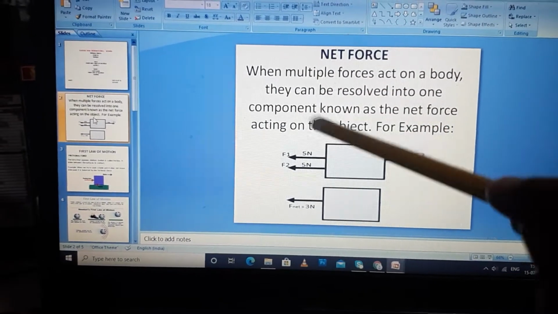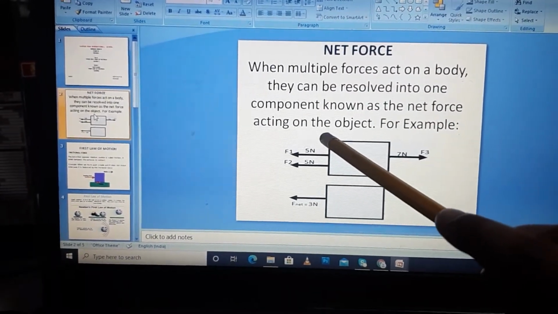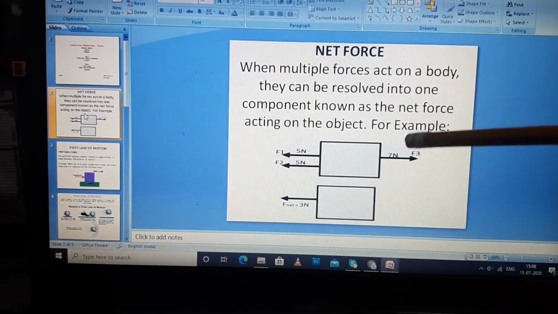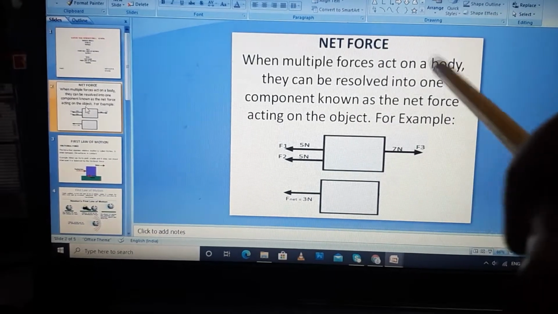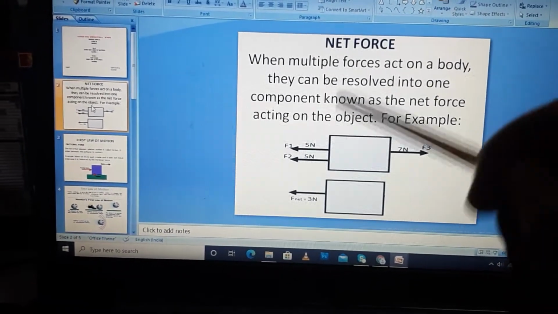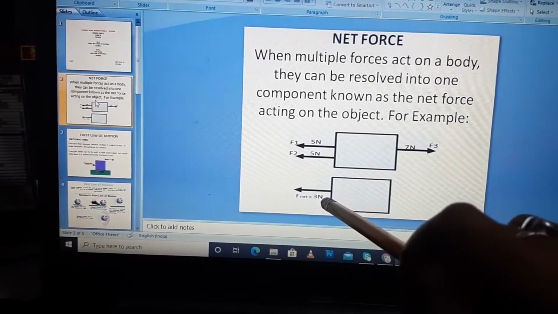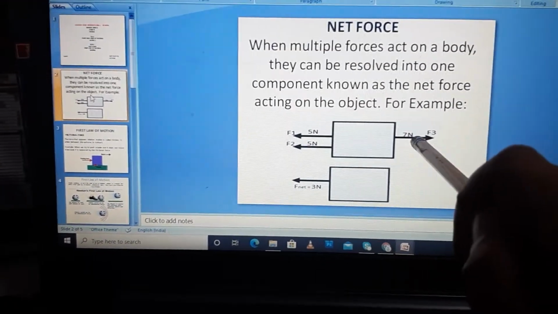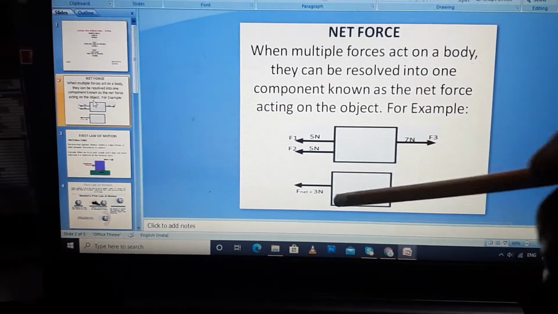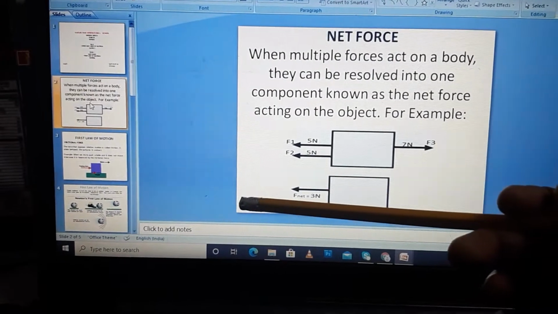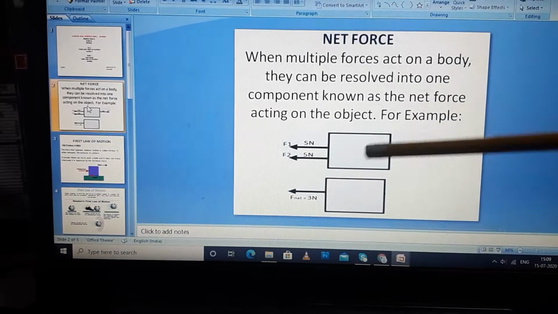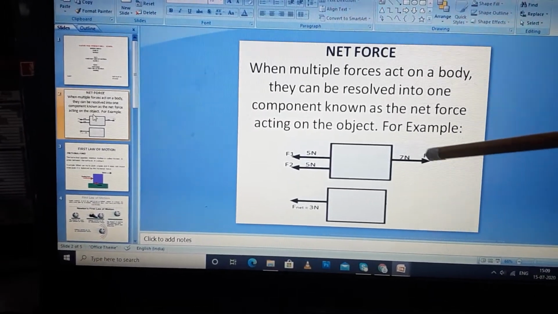So the overall net force will be the total force applied on the left side subtracting the force applied on the right side. So the net force will be 3 newtons. 10 minus 7 newtons will be 3 newtons, and the box will move towards the left as the force applied from the left-hand side was more in comparison to the right-hand side.